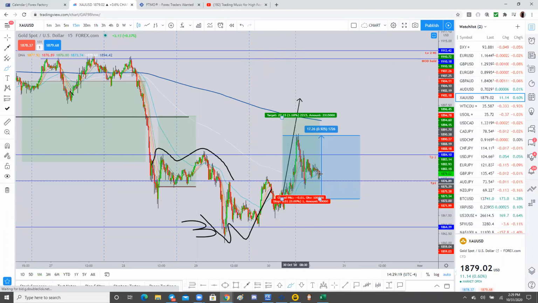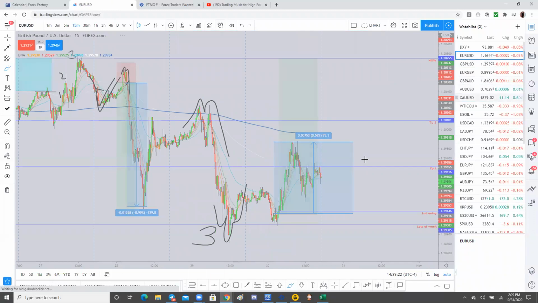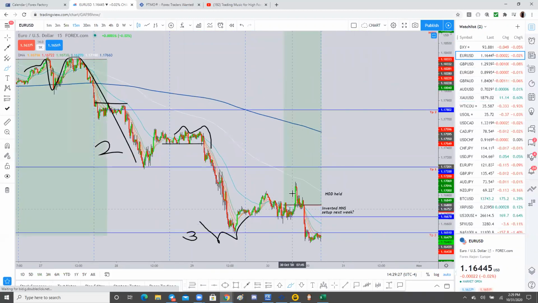So gold's doing its thing, GU did its thing, and EU just didn't follow through on Friday. Held this for so long, gave it up, but didn't take out the high. So I was looking at maybe could we get an inverted setup coming about, or this is possibly just an extended level 3. Look for the market to give us that upside.